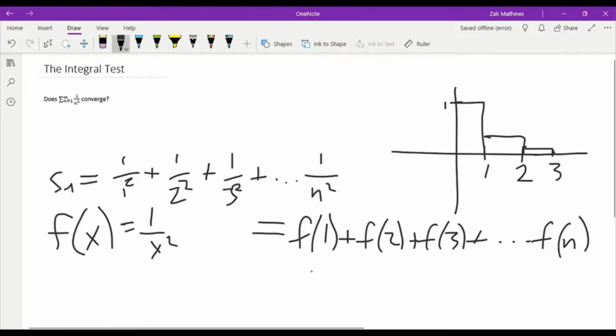So why don't I instead try to figure out what this would look like in terms of the graph? If I think about this function 1 over x squared, we know exactly what it looks like. It is a curve that has a vertical asymptote heading to 0. As it's coming down, at 1 we would have the y value of 1. At 2, we'd have the y value of 1/4. At 3, we'd have 1/9.